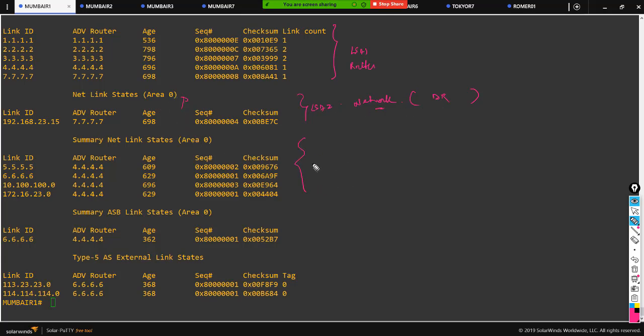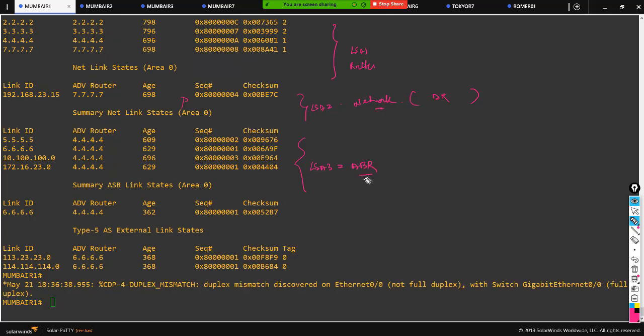The next one is LSA3, which is generated by the area border router. Area border router, in the sense, the router which is connecting two different OSPF areas. And then there is the ASBR, and you see LSA4 and LSA5.